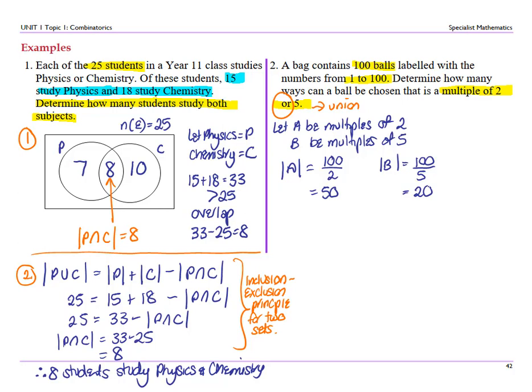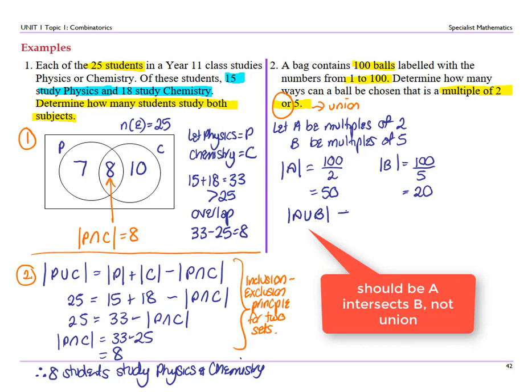So now if I use my inclusion and exclusion principles, now to work out A intersects B, that's multiple of 2 and 5, which means multiple of 10.